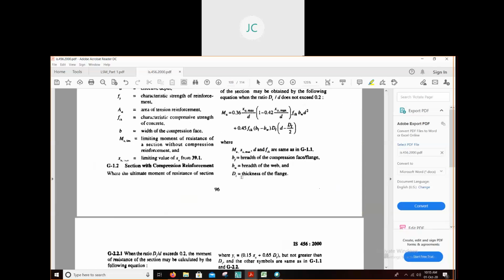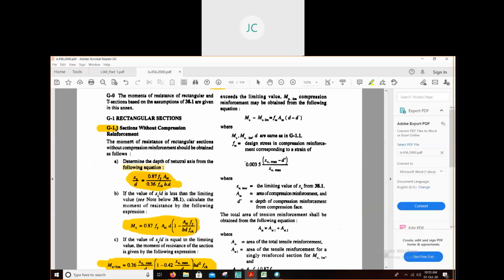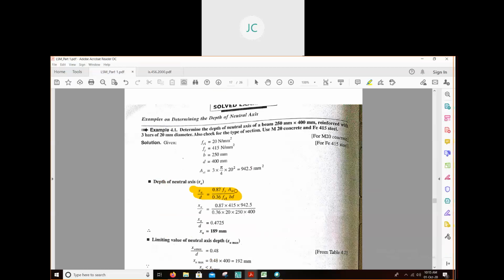As per clause G.1.1, XU by D equal to this equation. In every problem, whenever you are writing this equation, you have to write down the clause number.